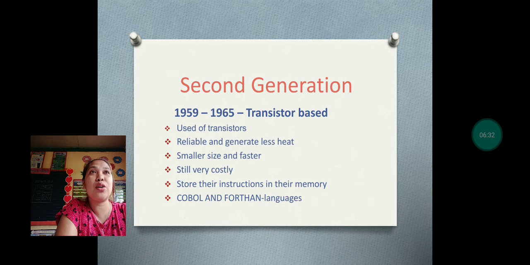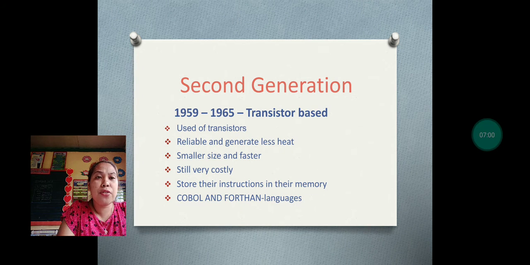Still very costly but cheaper compared to the first generation computers. And then store their instructions in their memory. In the first generation computer there was only one language, while in the second generation there are COBOL and Fortran, which are the languages being programmed in the second generation.